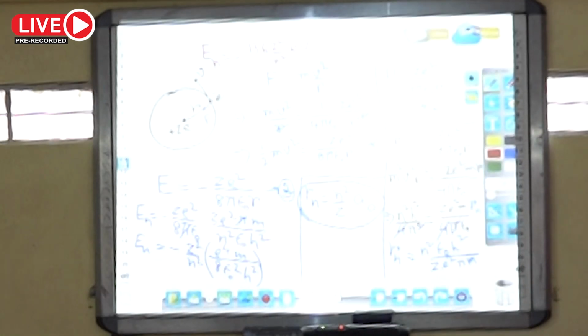Okay. And velocity decreases means it is very easy to remove the electrons, because if velocity is more, that means centripetal force will be more, means attractive force towards the center is more.